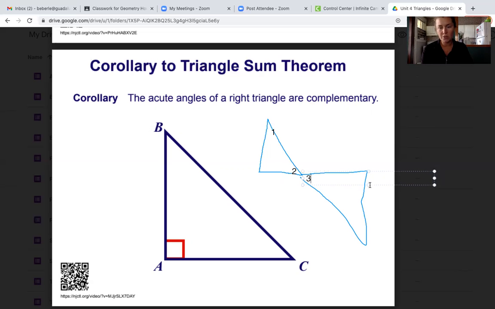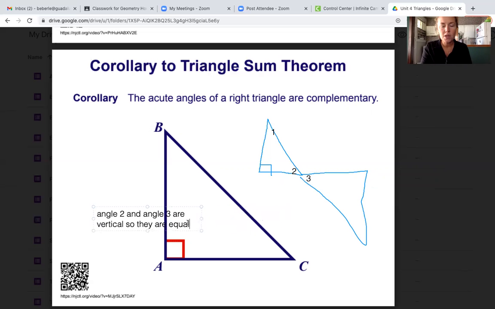What do you know about angle 2 and angle 3? What kind of angles are those? I understand my picture is really ugly, but perfect. Angle 2 and angle 3 are vertical, so they're equal.